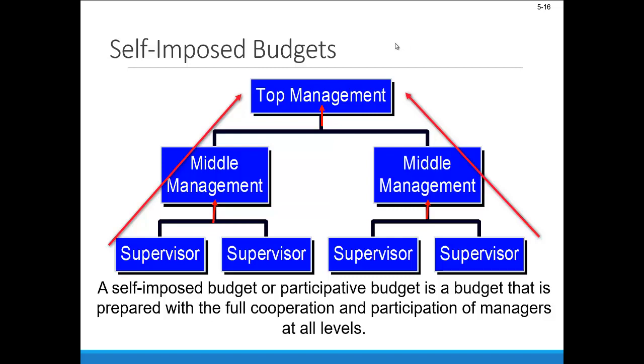So in participative budgeting, usually what happens is organizations start with the lowest level managers, these direct supervisors and production managers in that type of role, and task them with putting together their budget for an upcoming period. Then those lowest level budgets would be rolled up and aggregated to the next level, and the next level, and the next level, until we reach sort of a top organization-wide view.